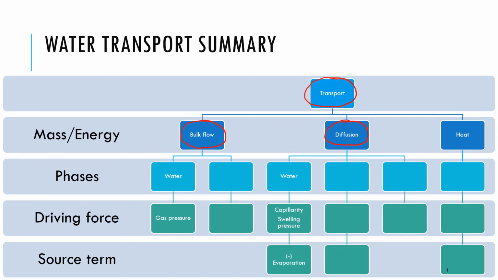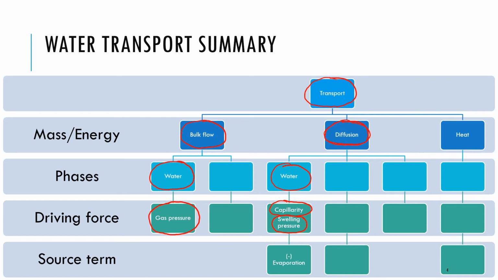The phase that we're talking about is water, and the bulk flow of water happens due to gas pressure as the driving force. So the driving force for flow of water is the gas pressure, but the driving force for diffusion of water can be capillarity, if the matrix is unsaturated, or it can be swelling pressure when the matrix is saturated.